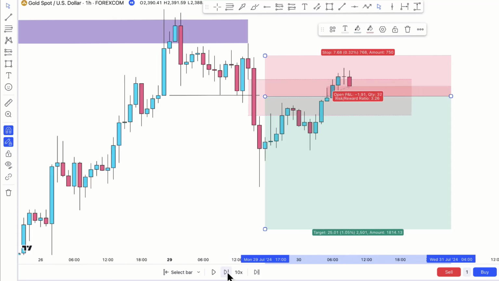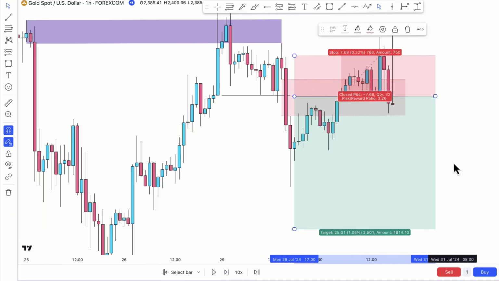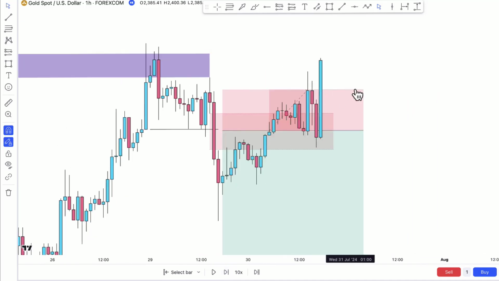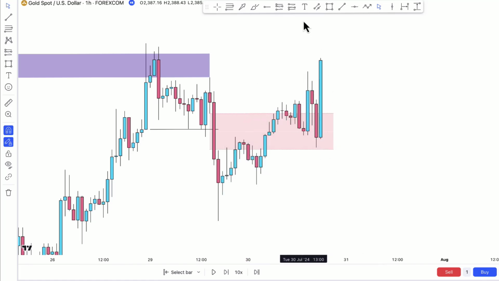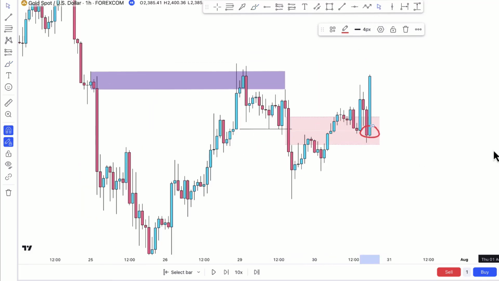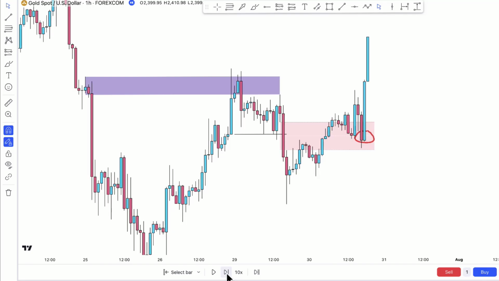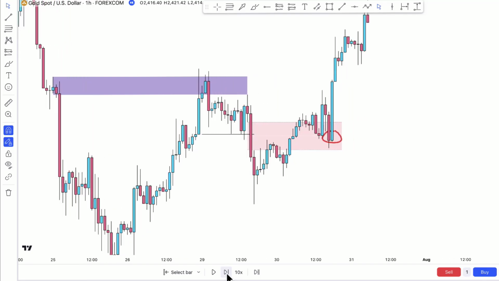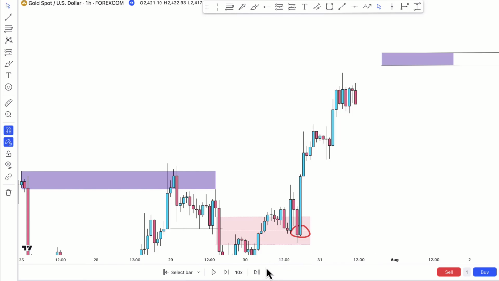Now, what happens if price, you see, price got me removed from that, violated the fair value gap, and then price is coming back to the fair value gap again. All right. This fair value gap became an inversion fair value gap. A very basic understanding of that. What do you see there? From there, you have a bullish price movement.